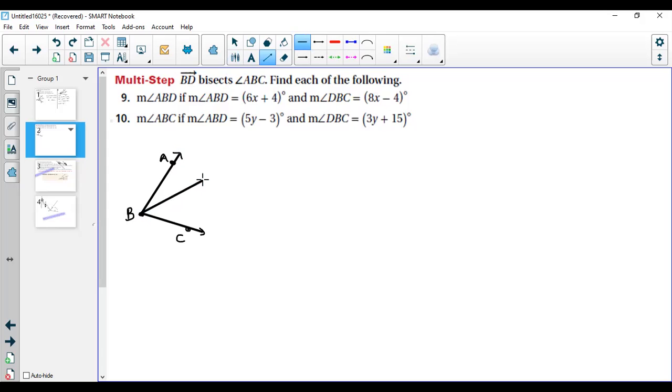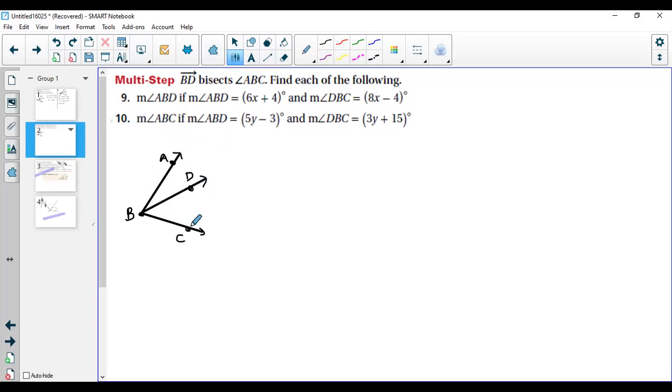Now this might not be exactly dividing into two equal parts, but as we know the steps how to perfectly divide it, this is just a rough figure we are drawing. So rough figures don't need to be exactly accurate, but we have to try our best to be accurate. So this is going to be BD.